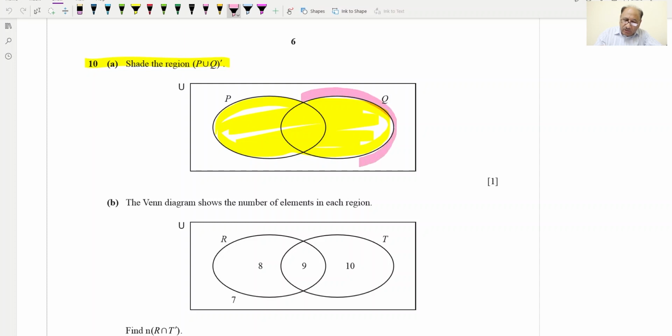So we will shade the outer portion, which is this one, and we will remove the inner shading part, and this will be our answer. We can shade the rest of the outer portion as well, and that will be our final answer.